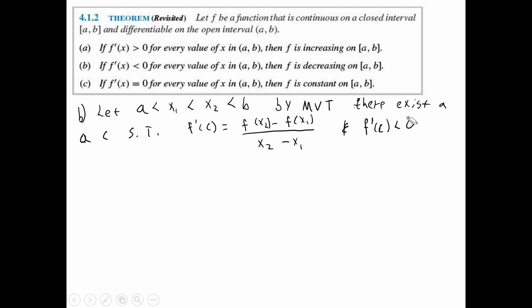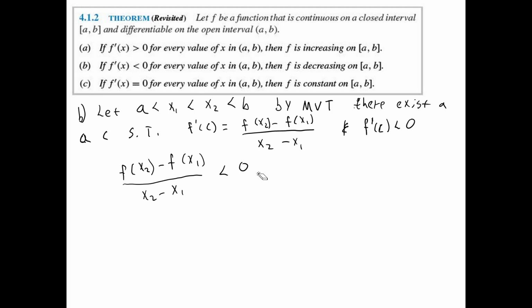Okay, so then that means that f of x2 minus f of x1, all divided by x2 minus x1, is less than 0.